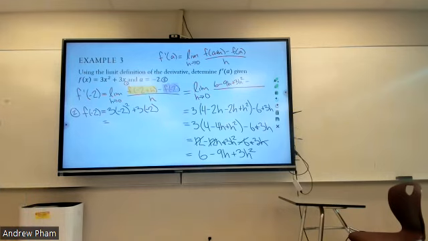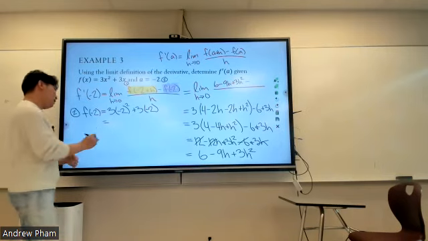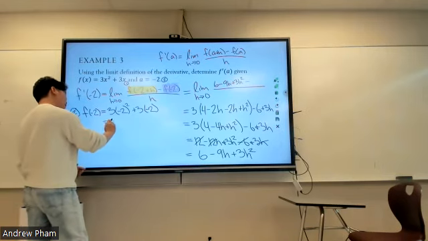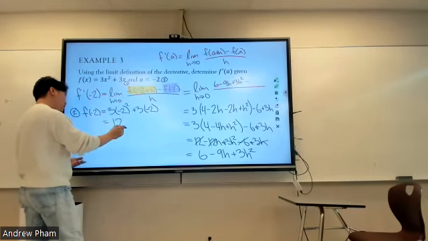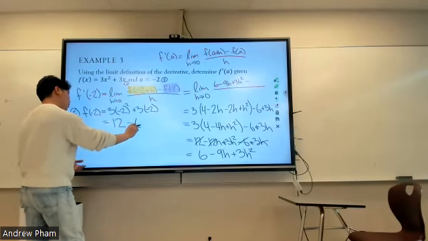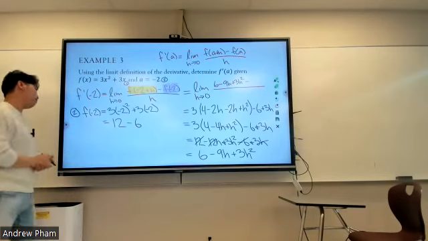All right, so now we can go ahead and clean this up as needed. Using my order of operations, I know I have to deal with the exponents first. What's -2 squared? Yeah, we get 4. 4 times 3, what do I get? So this is 12 right here. And then 3 times -2, yeah, we get -6.